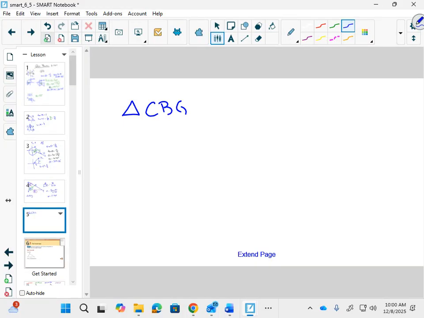Triangle CBG. And I tell you something like angle C is, I don't know, 40 degrees. Side from C to B is 7. And side from B to G is 6.